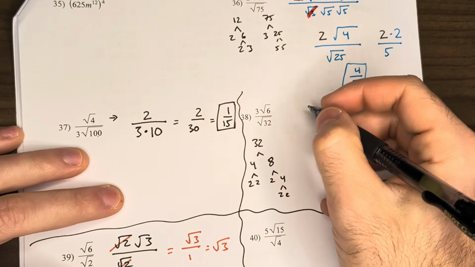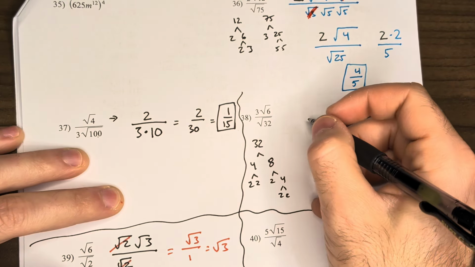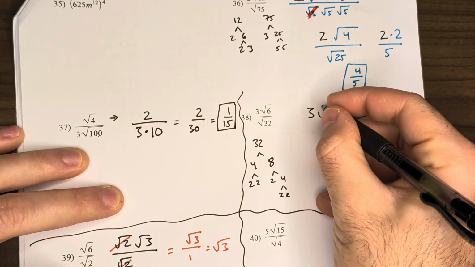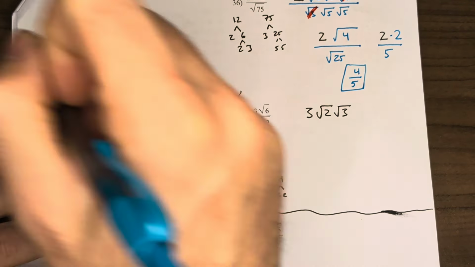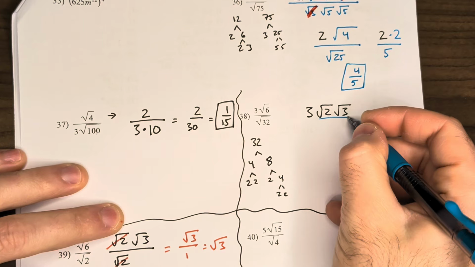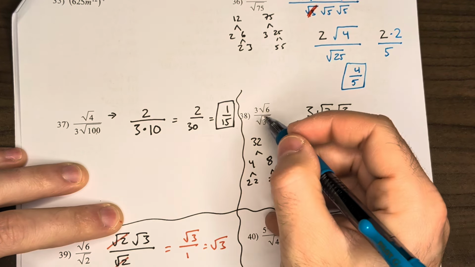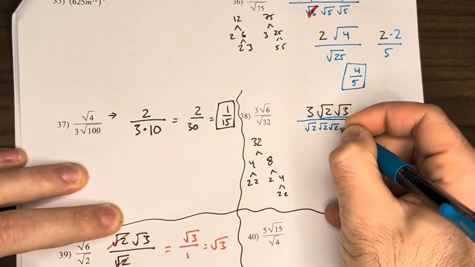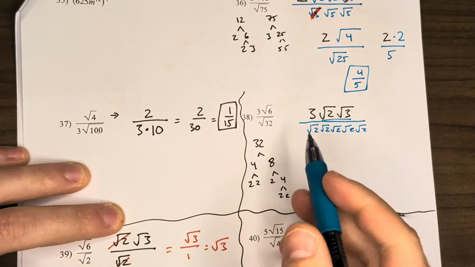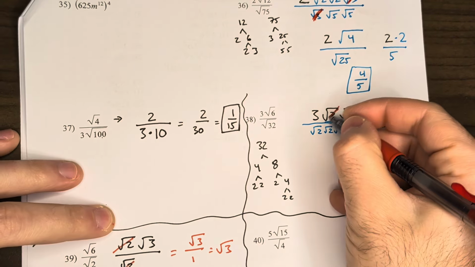So I'm going to rewrite this radical 32 like this. We've got 3, radical 2, radical 3. This part here is the 6. And over here, this radical 32 is going to be radical 2, radical 2, radical 2, radical 2, radical 2. That's the 32 part. I can cancel one of these 2's.